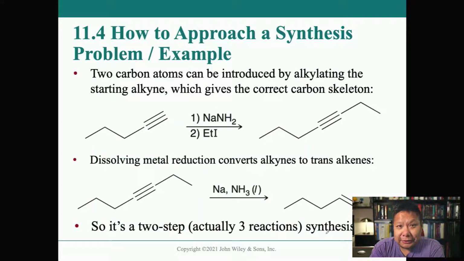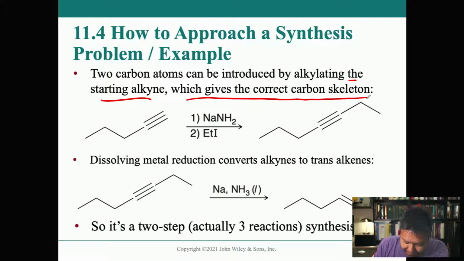2 carbon atoms can be introduced by alkylating the starting alkyne, which gives you the correct carbon skeleton. So here we're going to use sodium amide, and then we're going to use ethyl iodide. The reason we're using ethyl iodide is because iodine is a good leaving group, and when it leaves, it leaves behind the ethyl group, as you can see here, right?